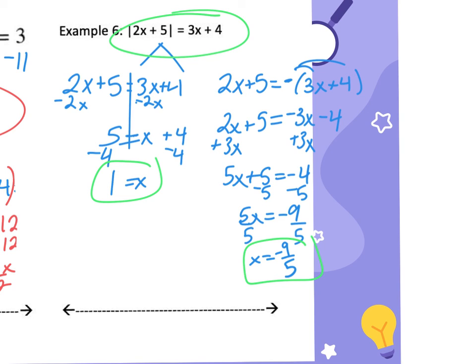Okay. And then let's try the next one. So 3 times negative 9/5 plus 4 gives me negative 1.4. So those two things don't equal each other. So negative 9/5 is not going to be a solution to this one, but 1 is.